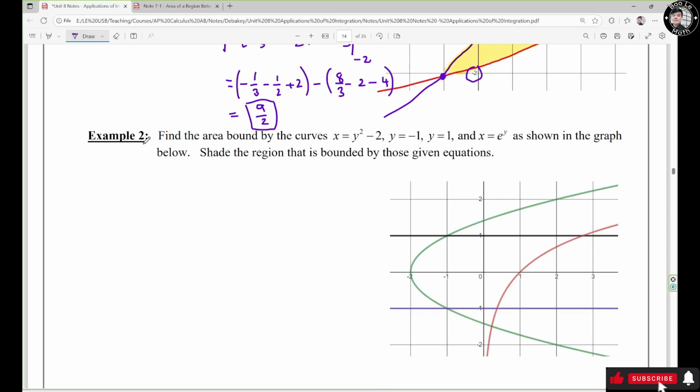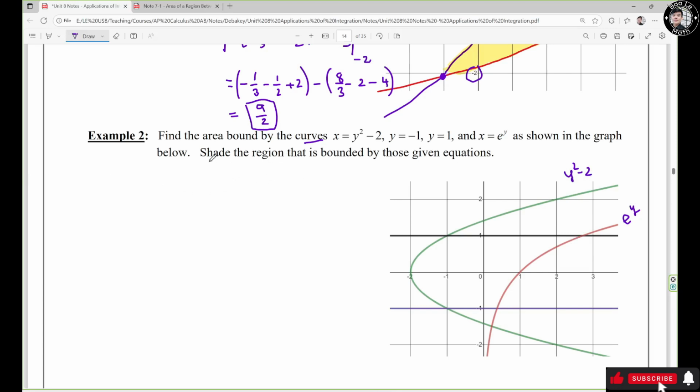Now, let's take a look at example number 2. Find the area bounded by the curves x equals y squared minus 2, y equals -1, y equals 1, and x equals e to the y. So this one is e to the y, and this one is y squared minus 2.